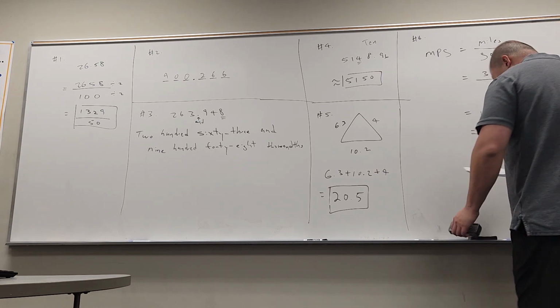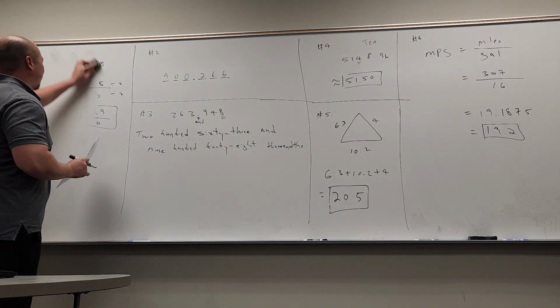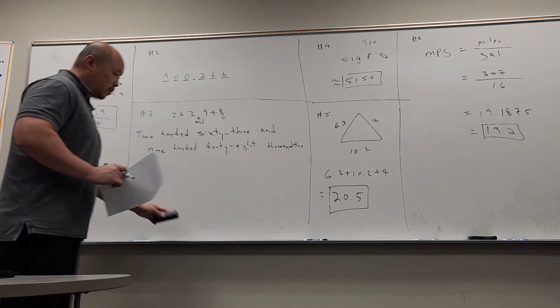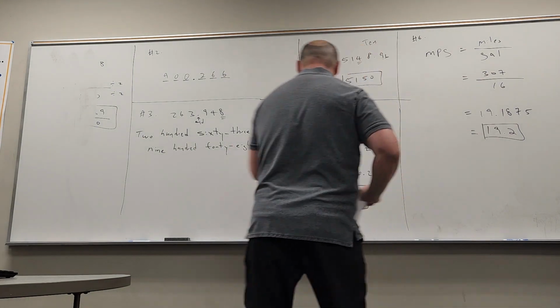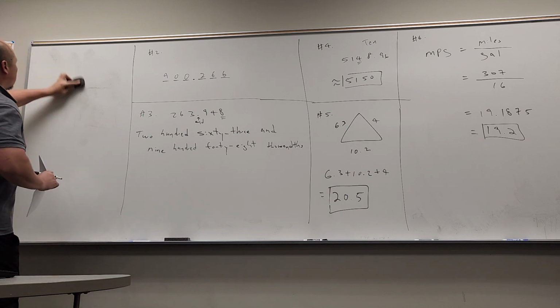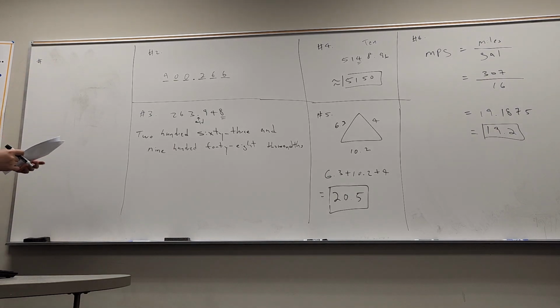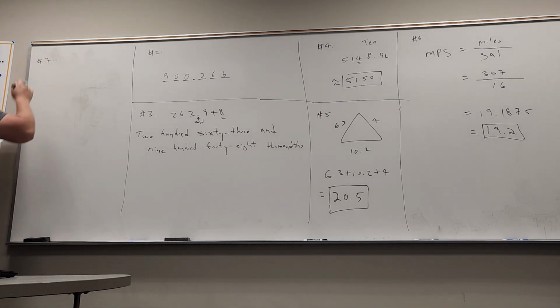Now number 7 is actually not bad at all. For number 7, the new dryer is $895.